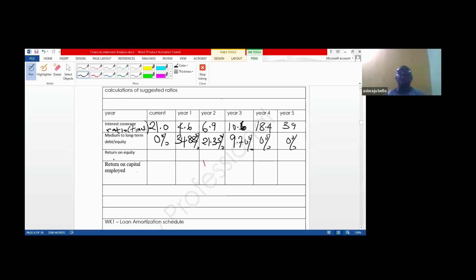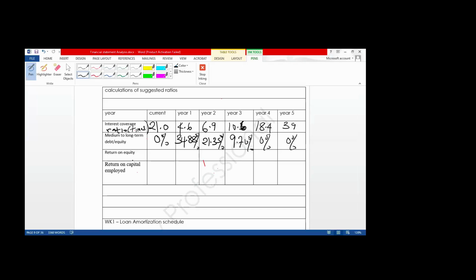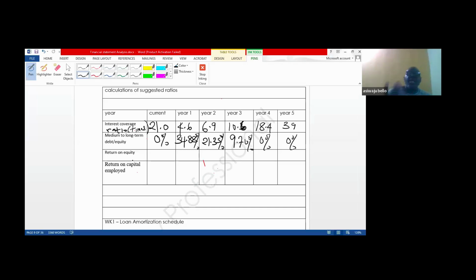The third ratio, return on equity. Your return on equity is calculated as what, please? How do we calculate return on equity?